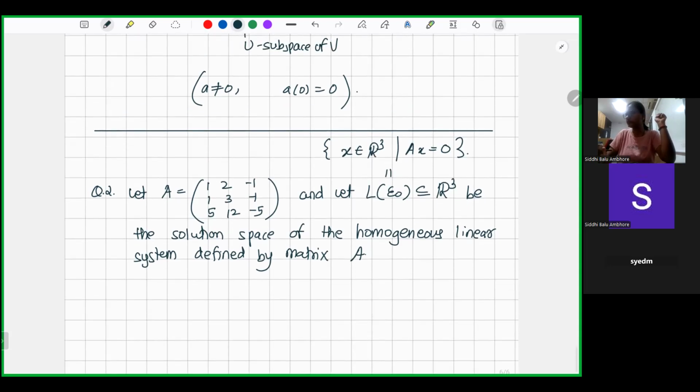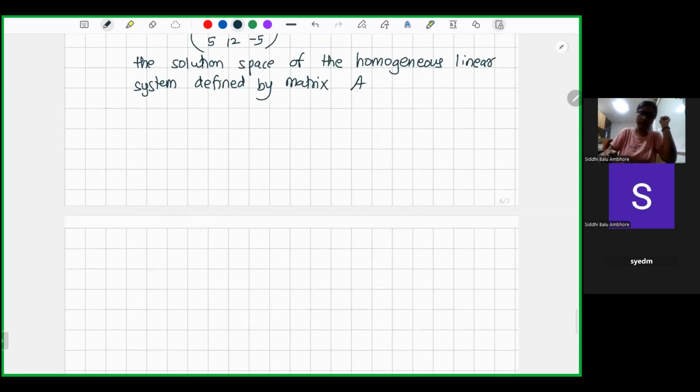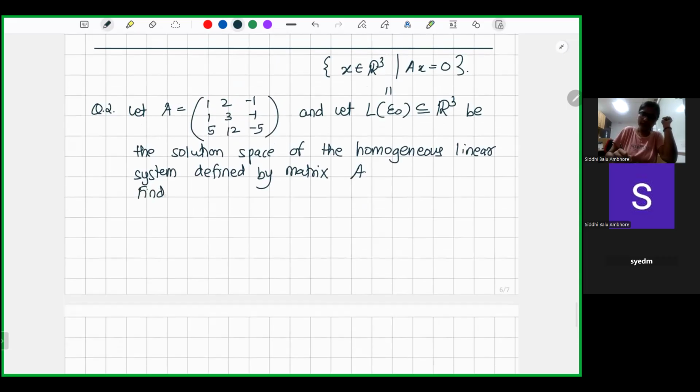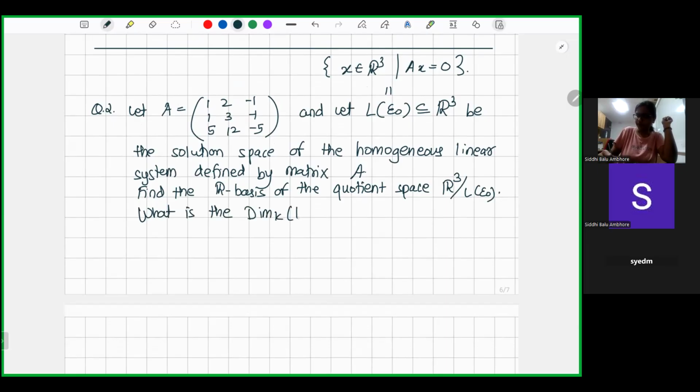That's the given thing. And we have to now find a basis of the quotient space R3 quotiented by L epsilon naught, and they are asking what is the dimension of R3 quotiented by L epsilon naught.